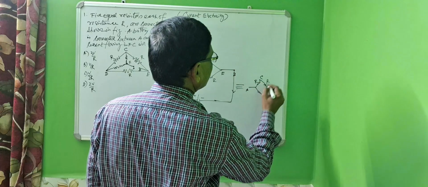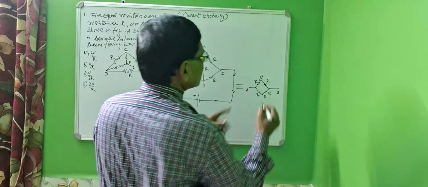So this is R, this is R, this is R, this is R. So this is in parallel connection.